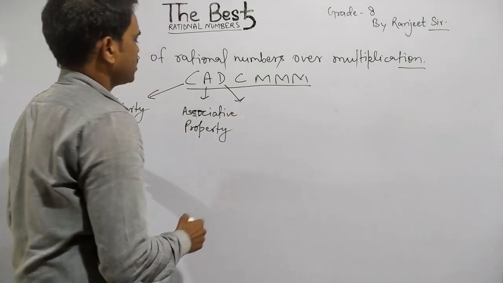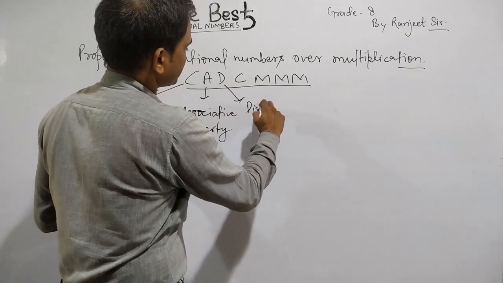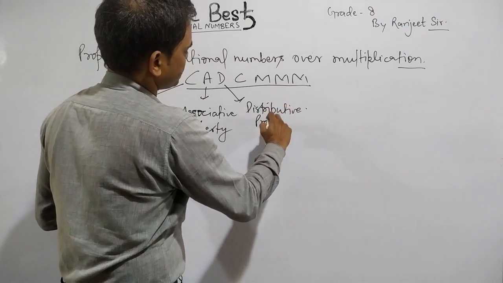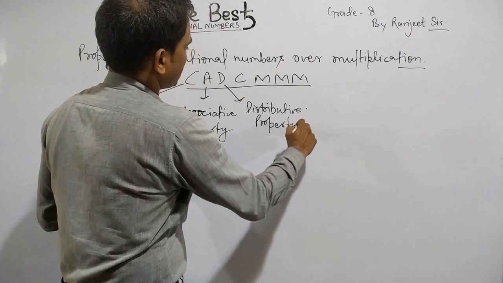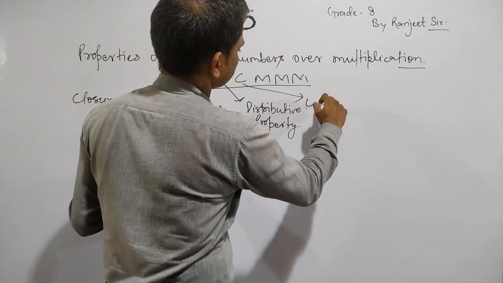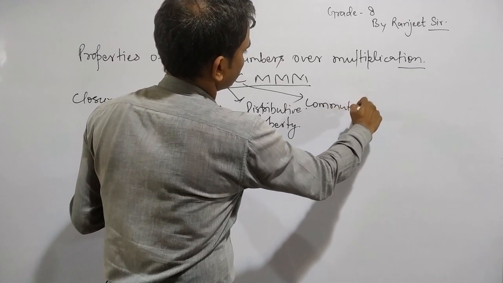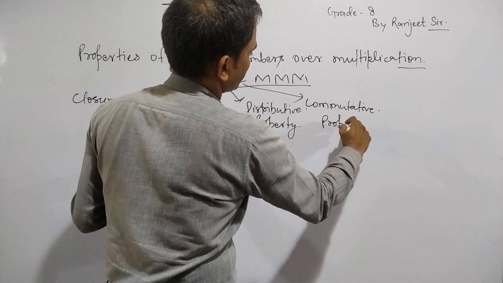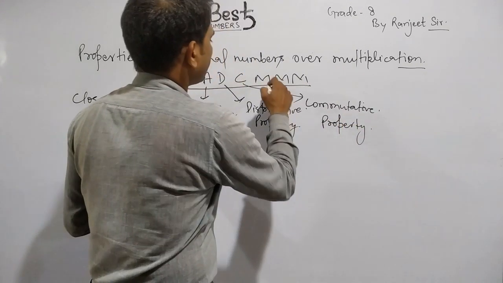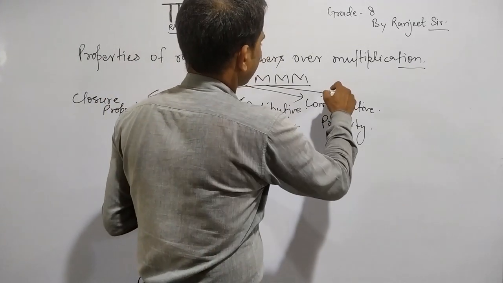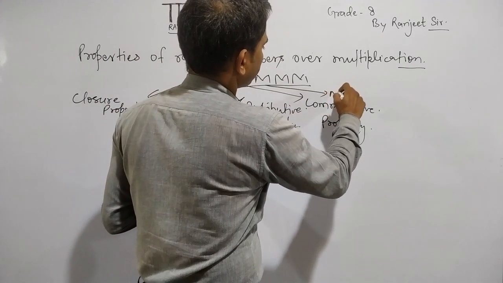Next one is distributive property. The next one is commutative. This one is multiplicative identity.